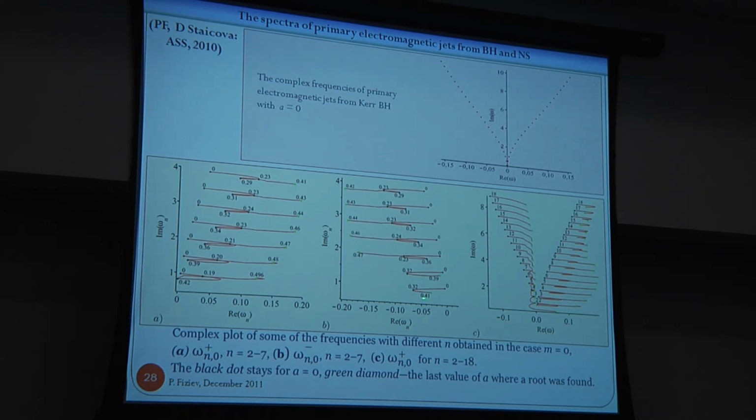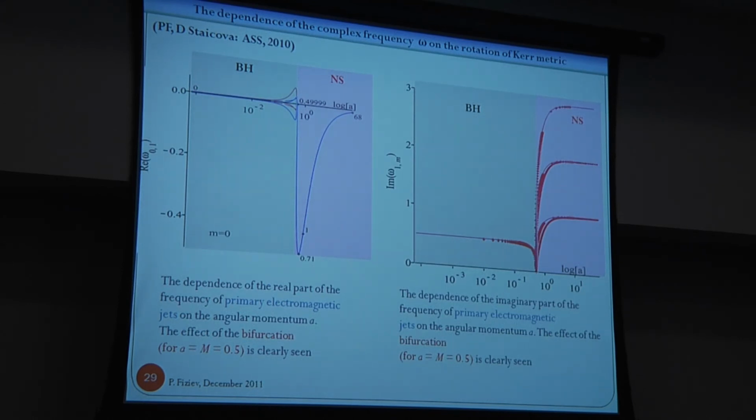You can see some nice pictures of the evolution of the frequencies with respect to the A parameter, and the evolution is quite non-trivial. It has some loops and other things. And the most important thing maybe is that we can consider spectra for black hole solutions and spectra for naked singularities. And the phase transition is shown in these figures. Here we have black hole boundary conditions. Here we have naked singularities. Nothing strange happens.